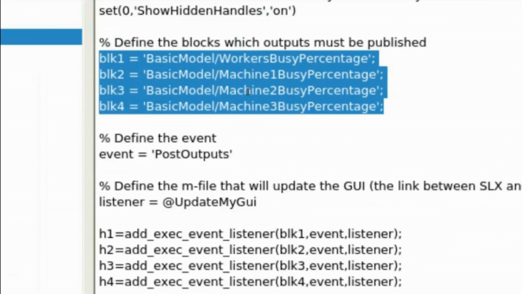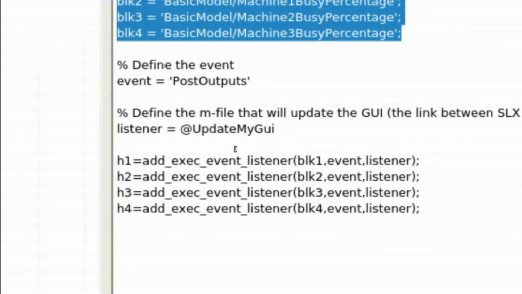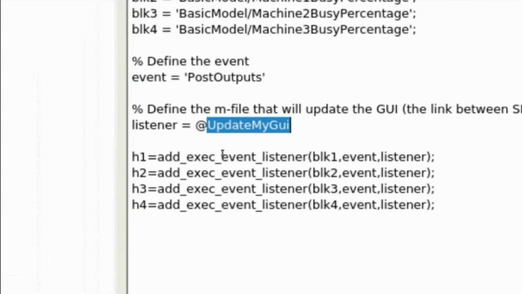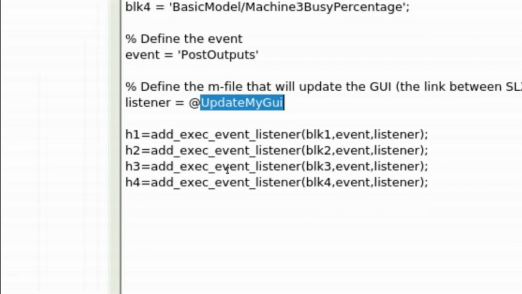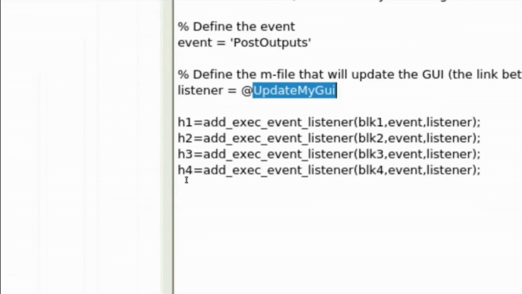Every time these blocks post any output, this will be the event. And then the listener, the function that will take these values and will send these values to the graphical user interface, will update my graphical user interface. This is the name of the function. And then I define the 4 listeners, H1 till H4. Please make the difference.